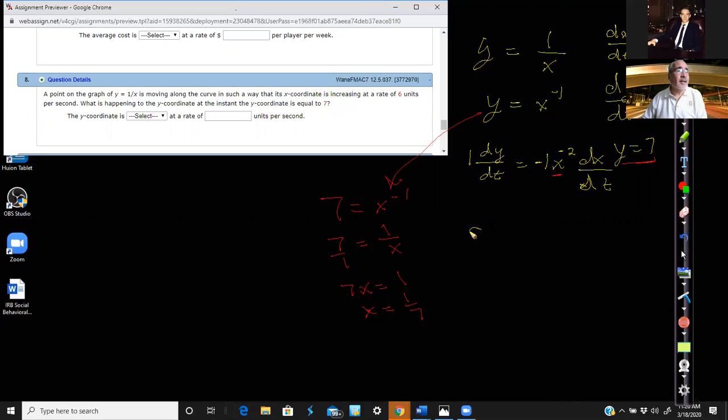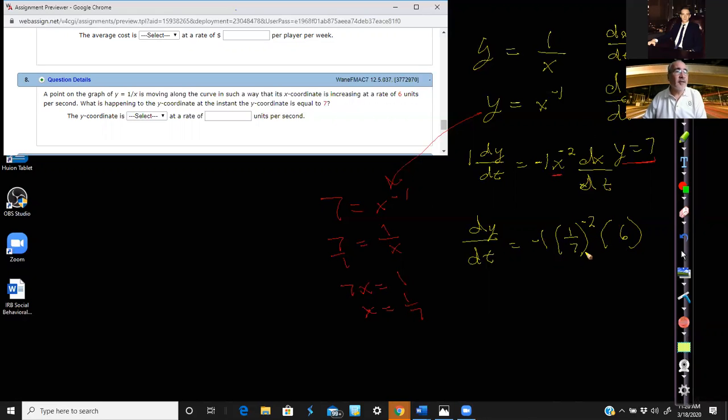So what we get is that dy dt is equal to -1 times 1/7 to the -2, times dx dt, which is 6.